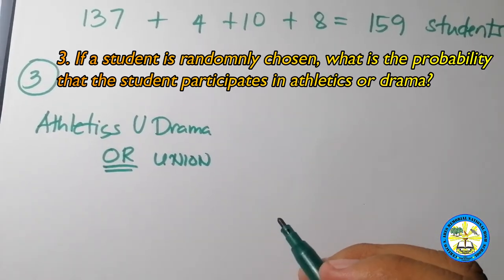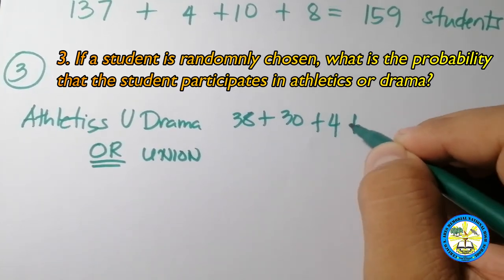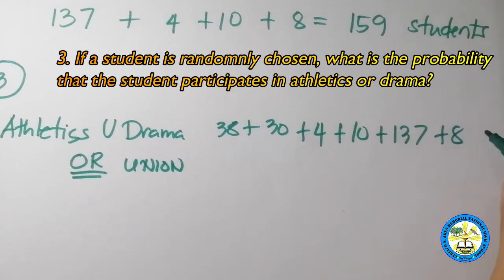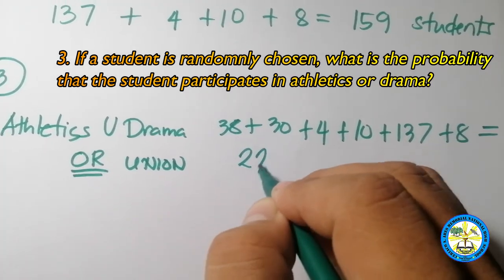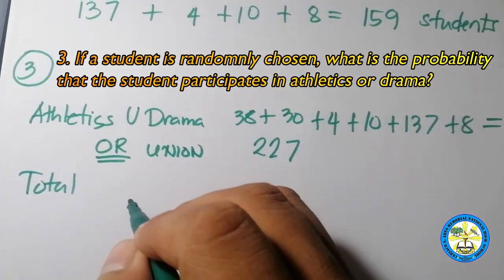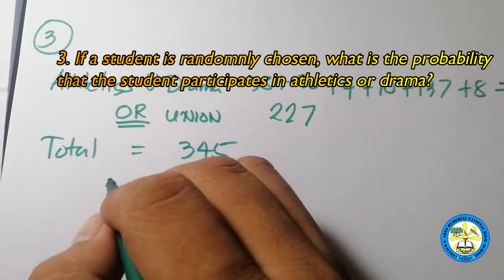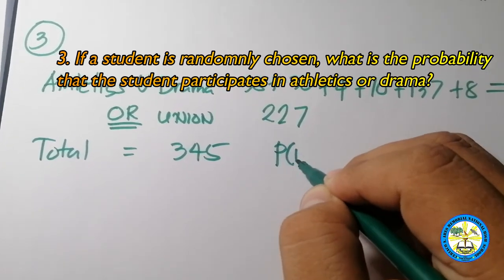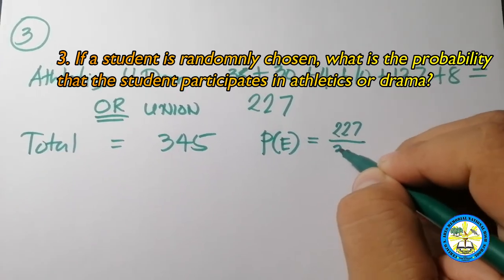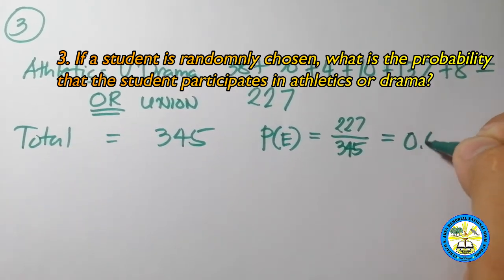Using the formula, P of E is equal to the favorable outcomes over the total number of possible outcomes. Since we know that the total is 345, substituting it in our formula, P of E is equal to 227 divided by 345, which yields an answer of 0.66.